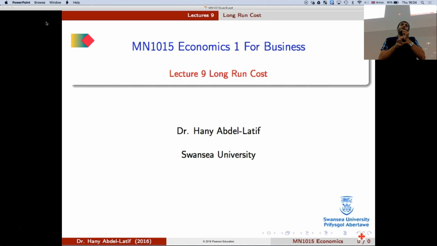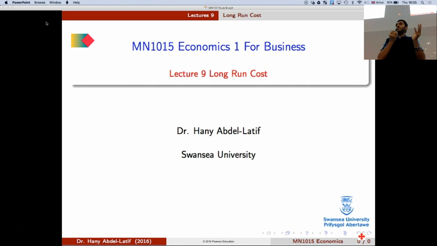We looked at both the output side and the cost side. With the output side, we looked at 3 concepts: total product, marginal product, and average product. With the cost, we looked at the total cost, the marginal cost, and the average cost.